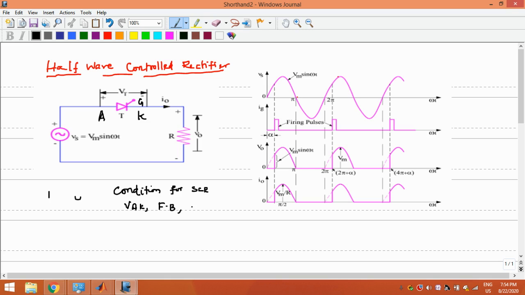Next, your anode to cathode current IA should be greater than your latching current. So once you trigger this, and both of the conditions are complied with, then only there will be conduction.